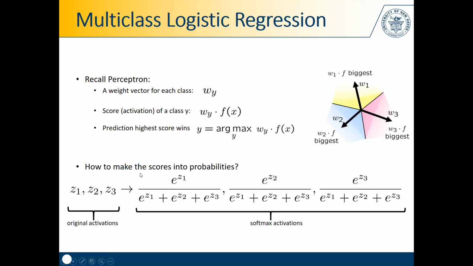To preserve the ratios of those scores when we convert them into probabilities, we don't do just the sigmoid conversion, but we do sigmoid over the sum of the sigmoid of all possible scores, all of the scores in total.